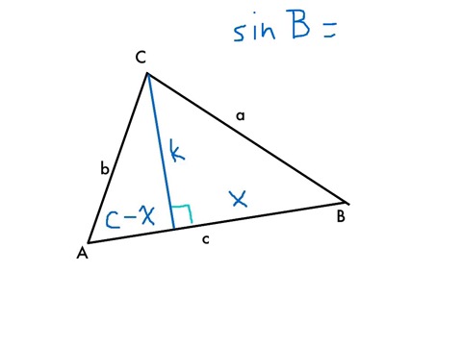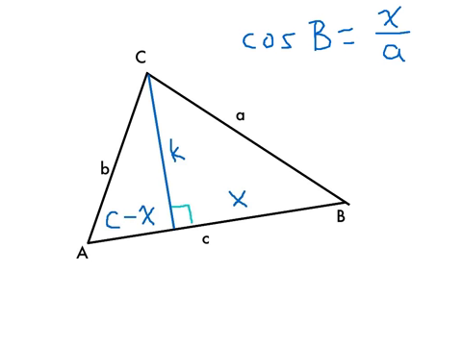We're dealing with law of cosines here, not sine. Erase that, get back on track. Cosine of B is equal to the adjacent side divided by the hypotenuse. Okay, a little bit of algebraic simplification here. If I multiply both sides by a, I'm going to end up with a times the cosine of B is equal to x. Wonderful. I have something now that I can substitute in for x.